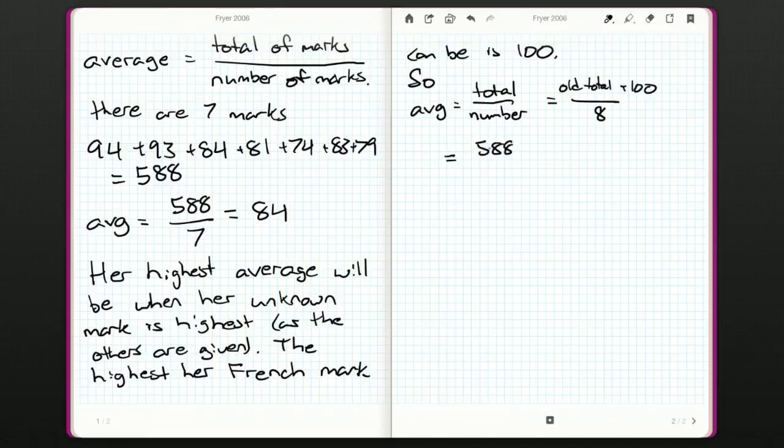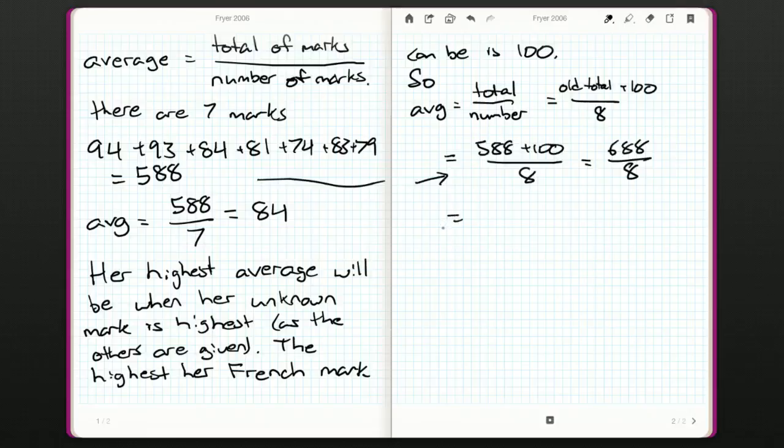We don't need to re-add them up, we have it over here. That's 688 over 8, and I suspect that that'll also work out to be a rather nice number.